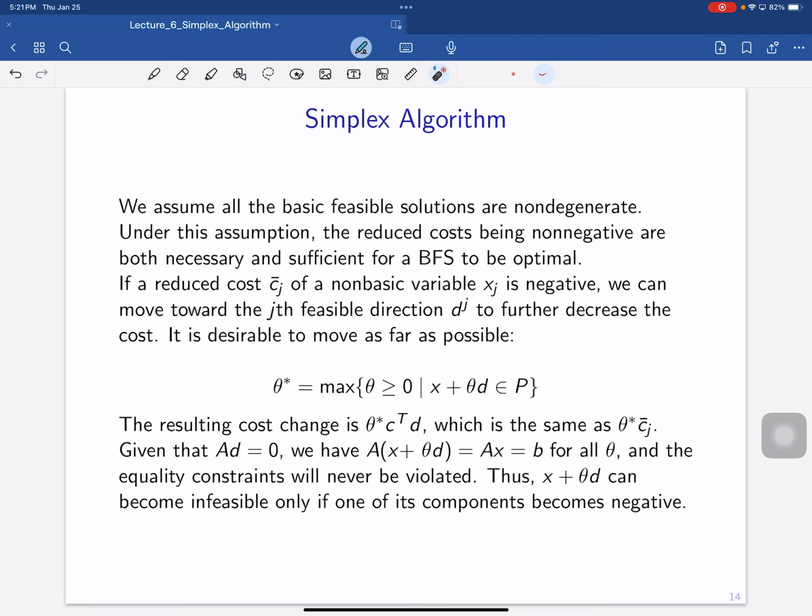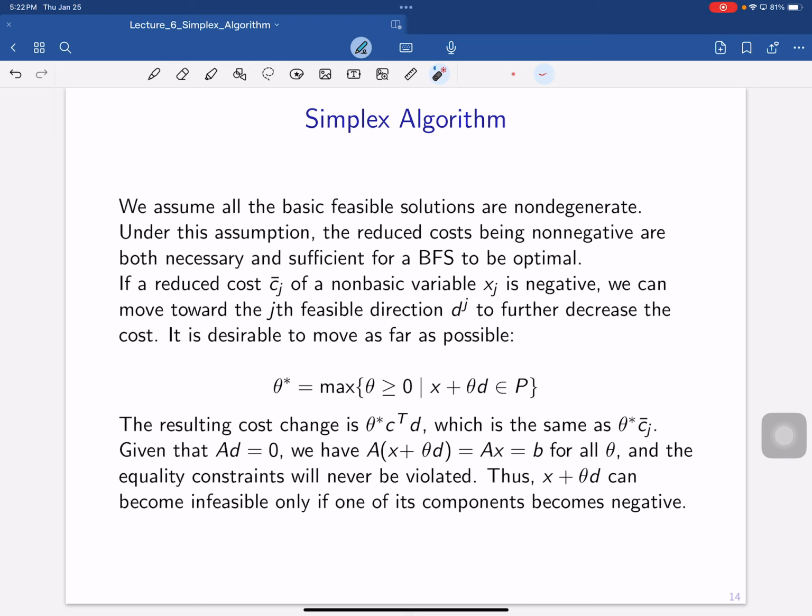So in order to calculate the step size, we need to check two things, right? Remember in the standard form, we have two sets of constraints. One is the equality constraints, right? And by construction of the search direction, the equality constraints are already satisfied. Remember when we were constructing the direction, we forced the equality to be satisfied.